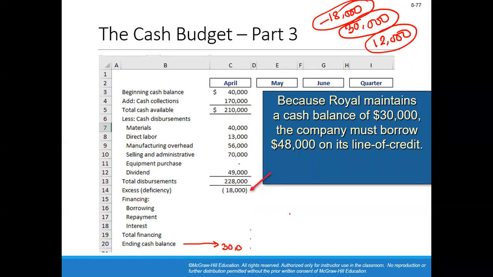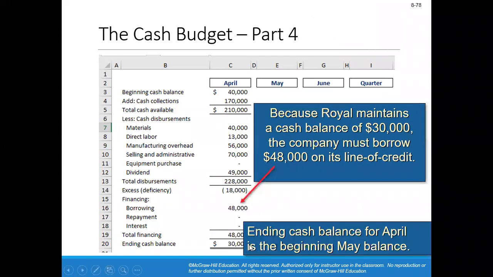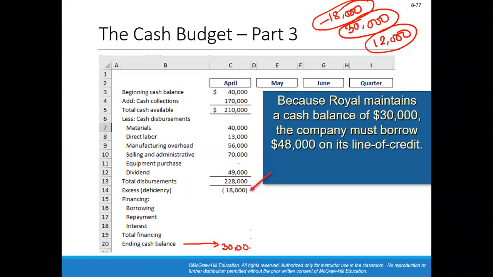You want to maintain an ending cash balance of 30,000. For having this 30,000 ending cash balance, how much borrowing should I require? 48,000. Will you make any repayment here? Will you make any interest payment here? How much financing am I making here in total? 48,000.